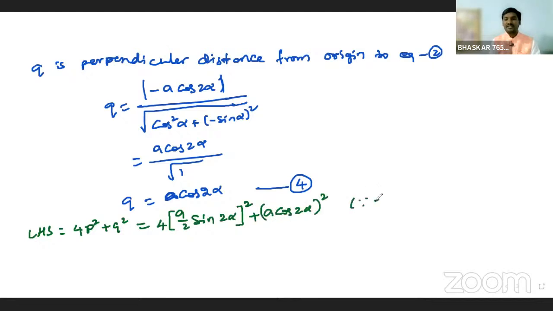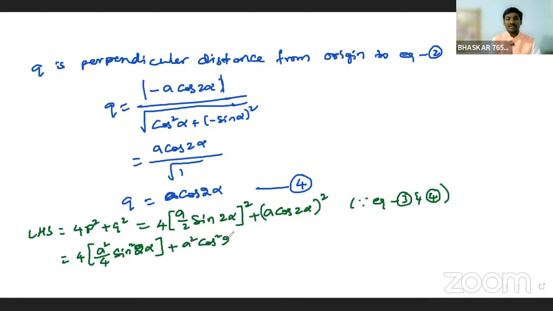We are getting these from equation 3 and equation 4, substituting these two values. So this is equal to 4, as it is, and the square applies to all the terms. So a square divided by 2 square, which is 4, times sine square 2 alpha, plus a square cos square 2 alpha.